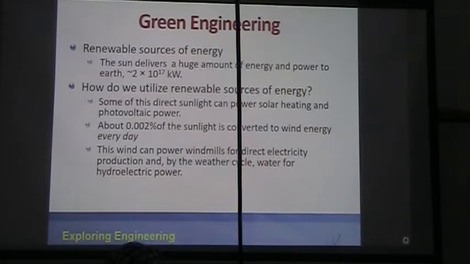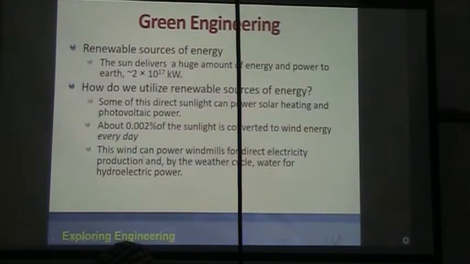Some of you may be studying in our renewable energy program and learning about photovoltaic power. And about 0.02% of sunlight is converted to wind energy every day, right?